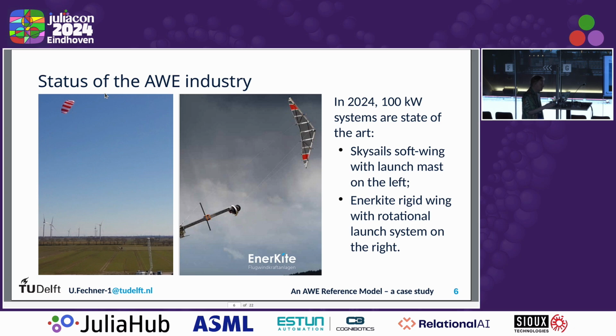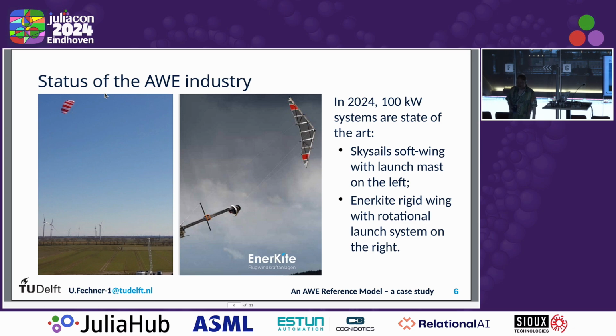And a lot of people try to buy their system. They also have a certified power curve, so it was certified by an independent party how much power they can harvest. And then Enerkite is another German company from Berlin, from Brandenburg.